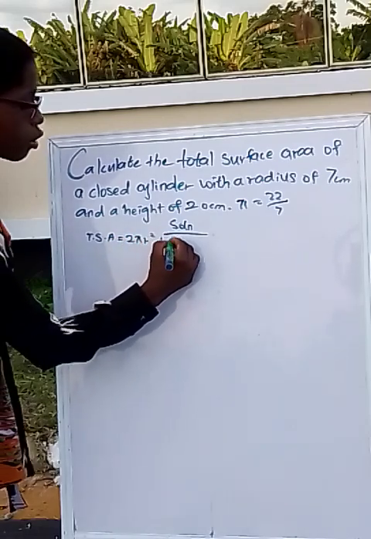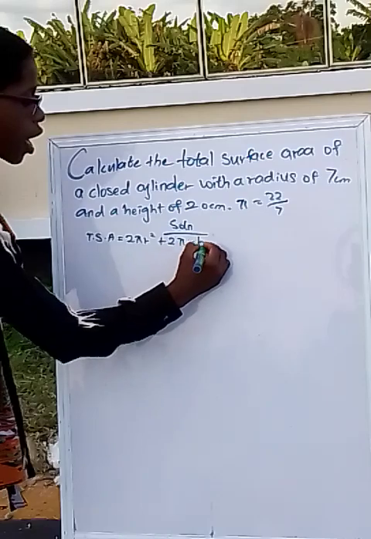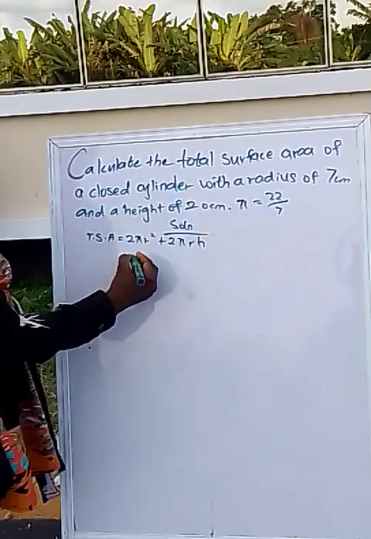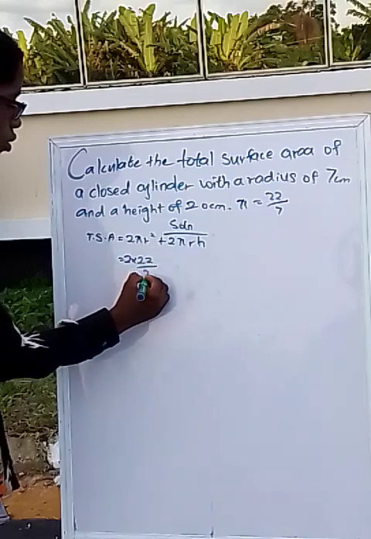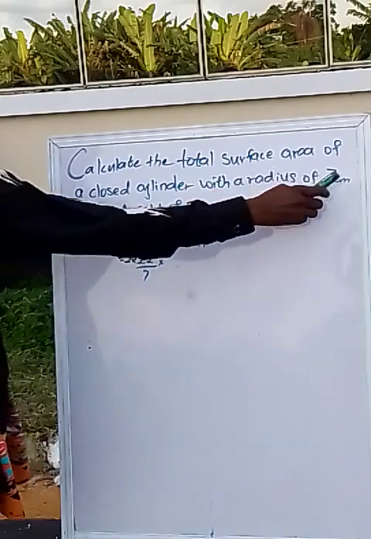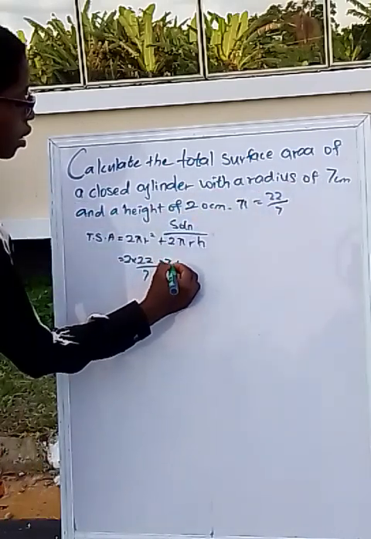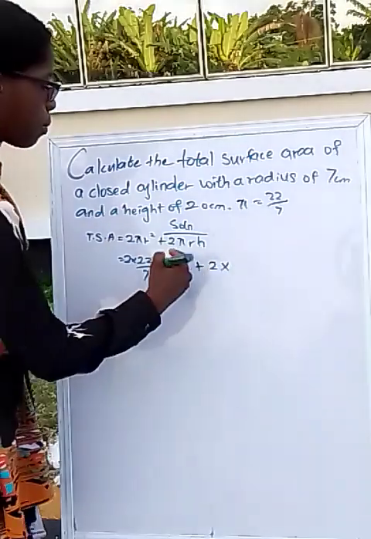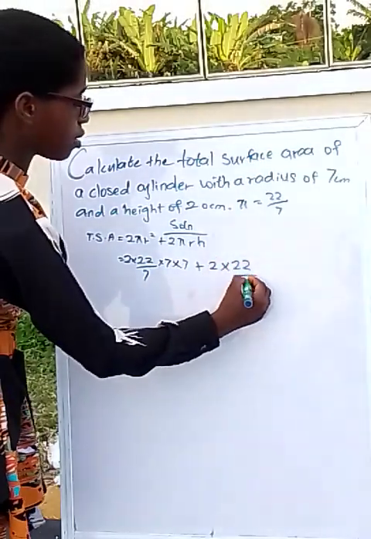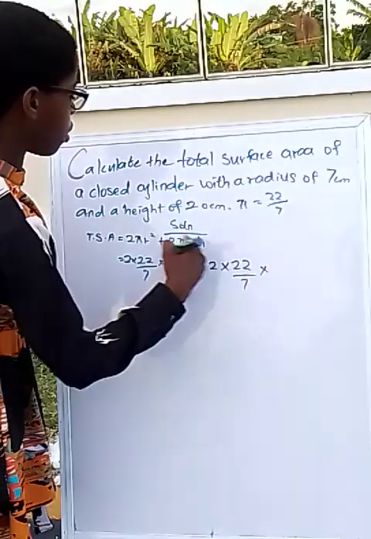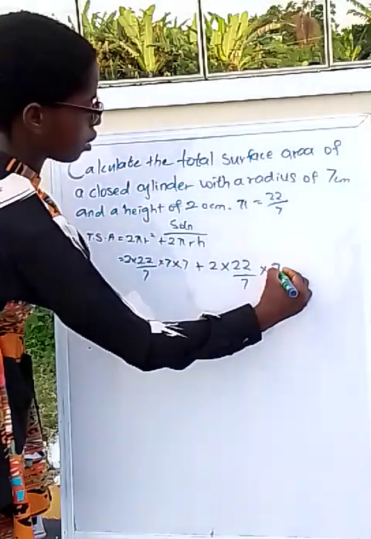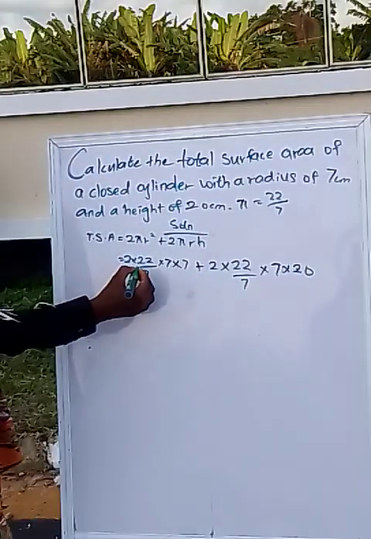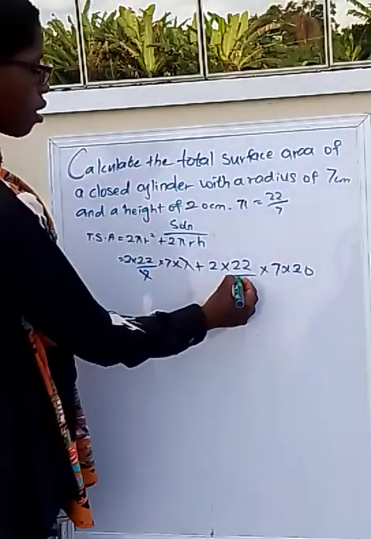So we have 2 times our pi is 22 over 7 times our radius is 7 centimeters, 7 times 7 as the square, plus 2 times pi is 22 over 7 times radius is 7 centimeters times height is 20 centimeters. So 7 cancels 7 here, 7 cancels 7 here. So 2 times 22 is 44.